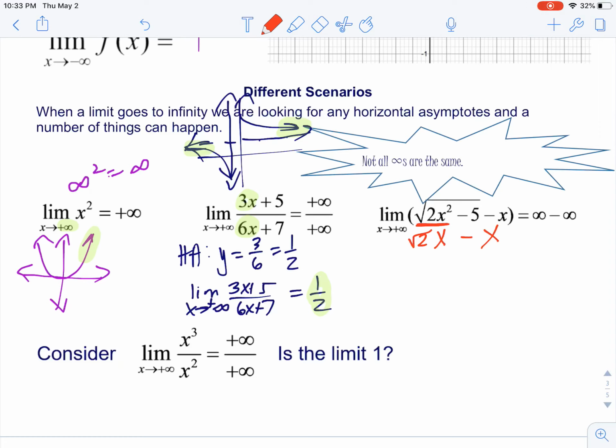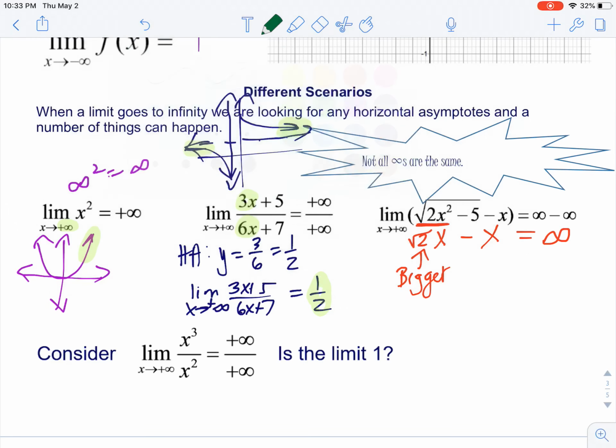Minus x. Radical 2x is a bigger number. So if you're plugging in infinity, you're going to get a bigger infinity minus infinity, which is still going to lead you to infinity.